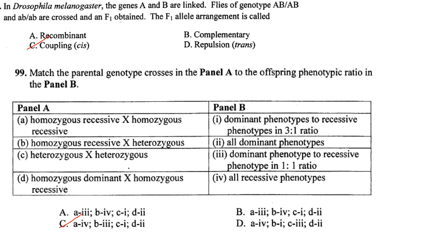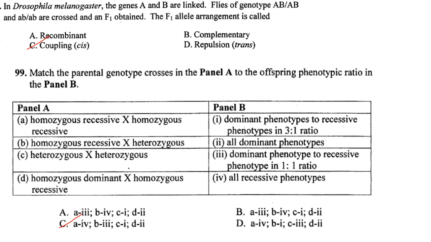So answer is option C, that is coupling, because the dominant alleles of two or more genes are present in one chromosome, whereas the recessive alleles are present in the other homologue. So this is an example of coupling.